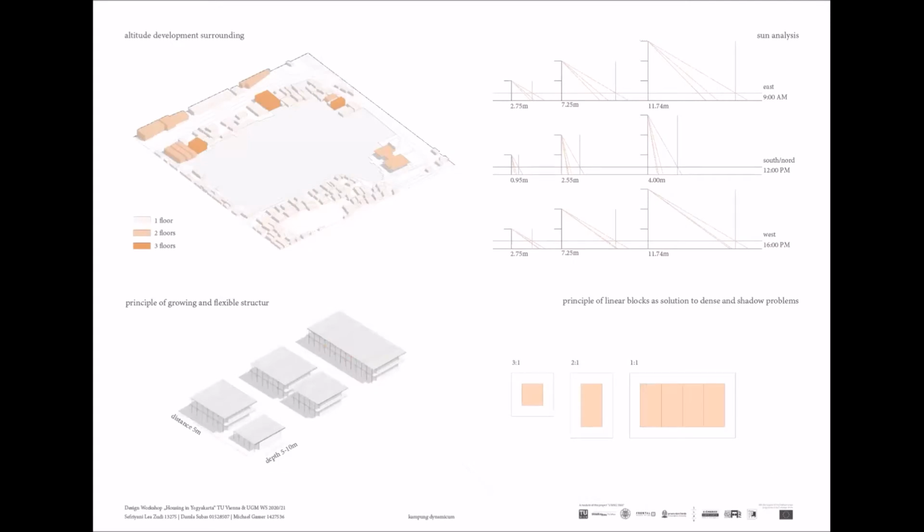And for the development in the elevation, we looked first at the surrounding. So we have, as Damla said at the beginning, much housing is just one floor and just a few two or more. And then we looked also at sun analysis, and here we describe the principle of growing of our flexible structure. So we used a grid with a distance of 5 meters and a depth between 5 and 10 meters.